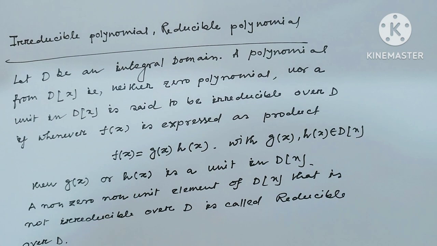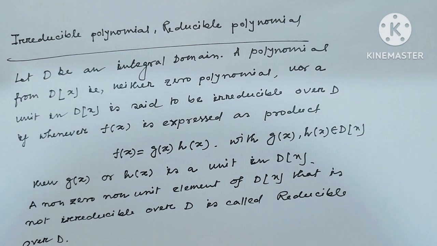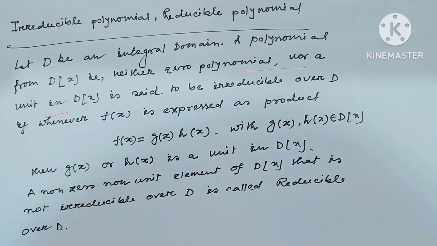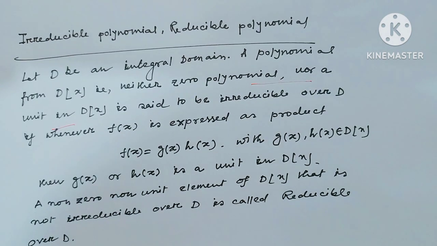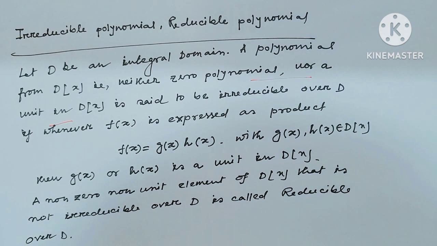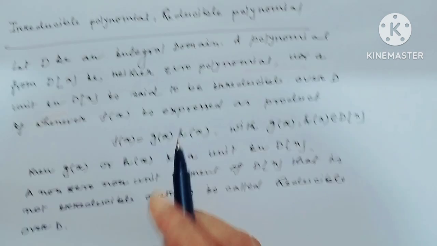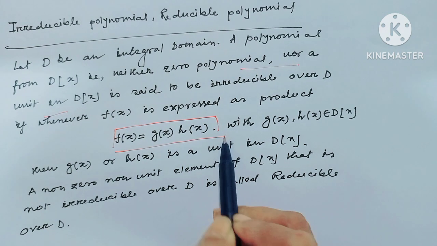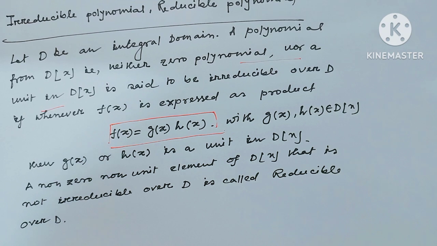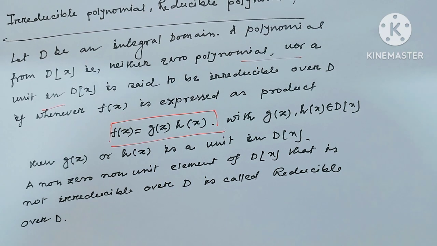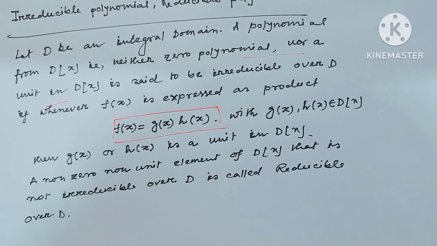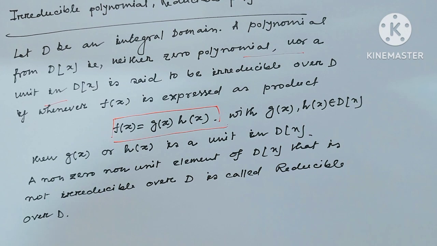Then a polynomial from D[x] which is neither the zero polynomial nor a unit in D[x], where D is the integral domain, is said to be irreducible over D whenever f(x) is expressed as a product of two polynomials, f(x) = g(x) times h(x), where g(x), h(x) in D[x], with the condition that either g(x) or h(x) is a unit in D[x].